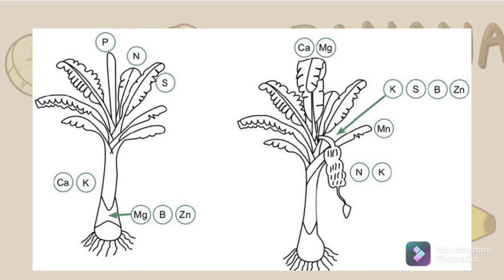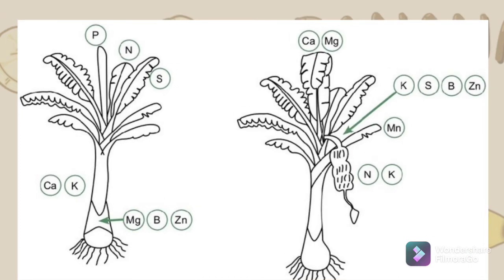First is phosphorus. Phosphorus is required in the plant crop between 3 to 9 months after planting. Phosphorus is relatively lost during flowering and fruiting and redistributed to the follower or sucker.